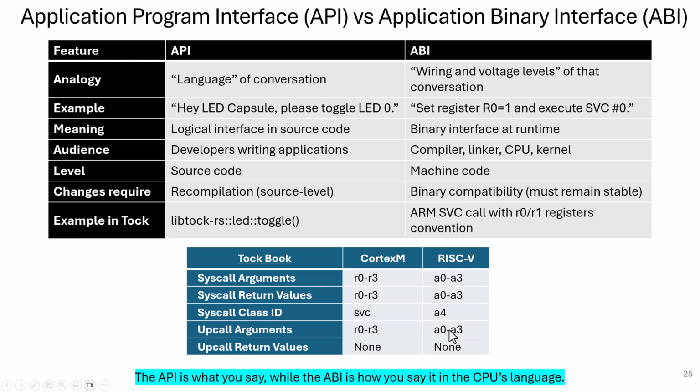And then also with the upcall, those callbacks, how that's handled with which registers. So I tend to think of it as the API is what you say, while the ABI is how you say it in the particular processor's language.